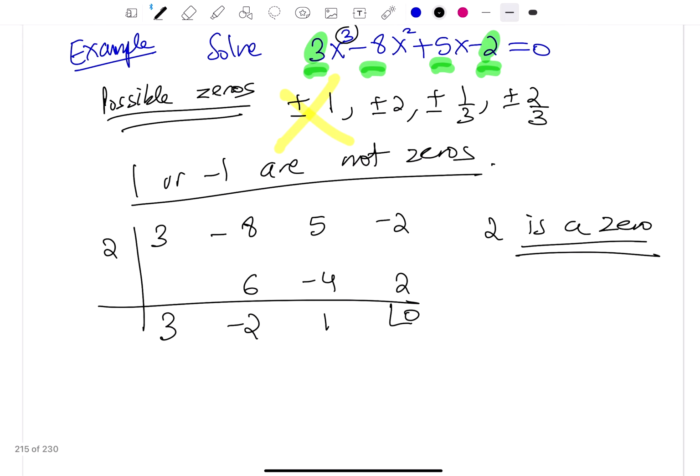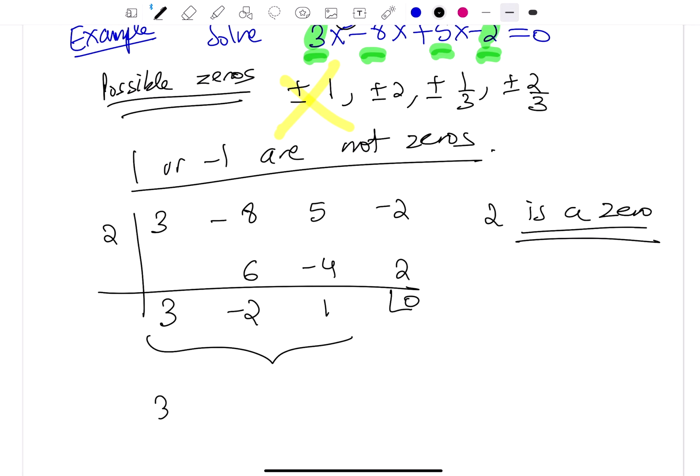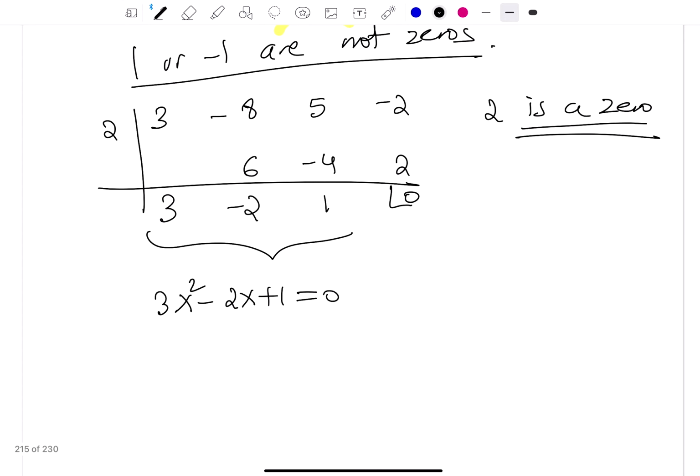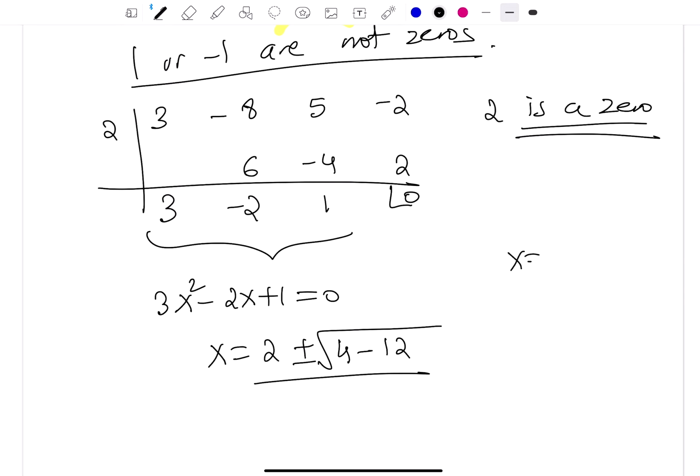If 2 is a 0, I'm down to a quadratic equation, which will be 3x squared minus 2x plus 1 equal to 0. We can solve it using quadratic formula. Quadratic formula is -b plus minus square root of b squared minus 4ac over 2a.